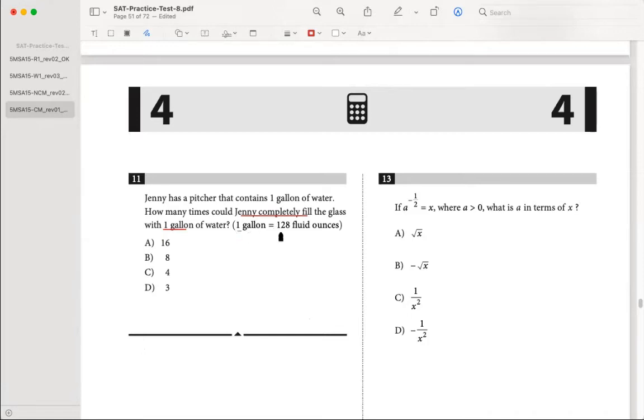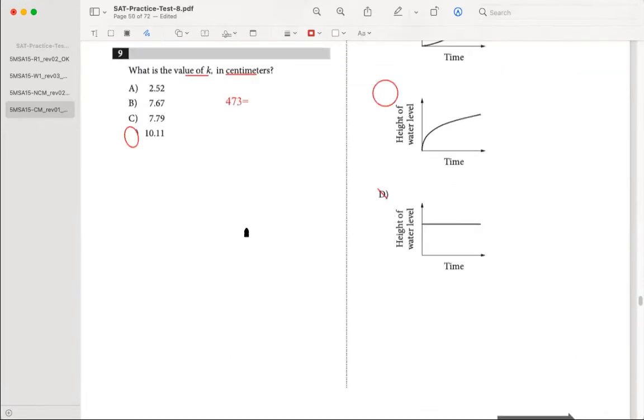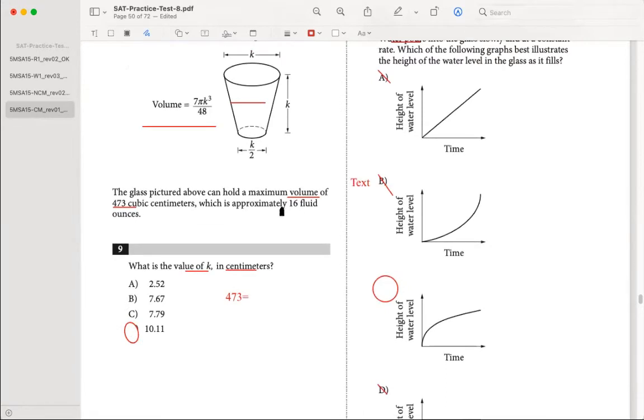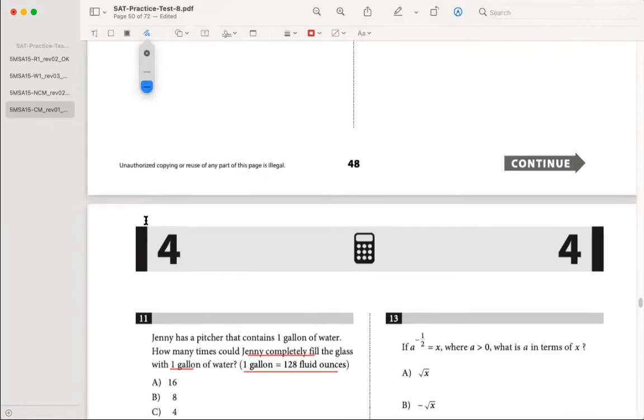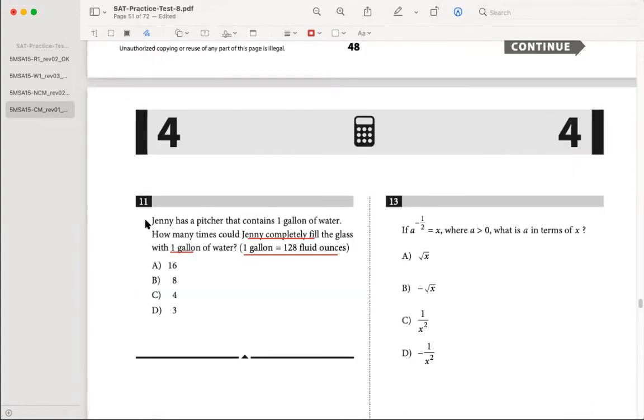If 1 gallon equals 128 fluid ounces, up here you said it can hold a maximum of 16 fluid ounces. How many times could you fill it up? Yep, exactly. Should be B. So when you set it up, you should get B.